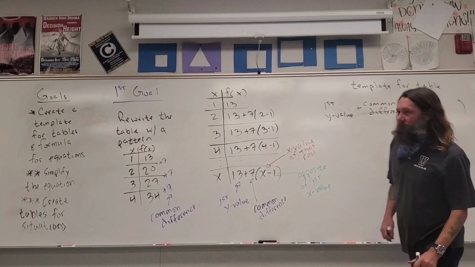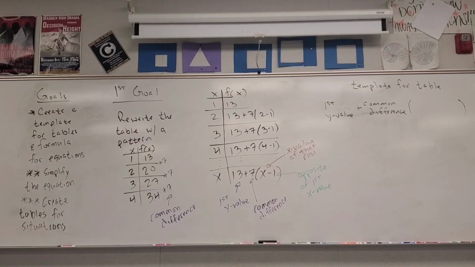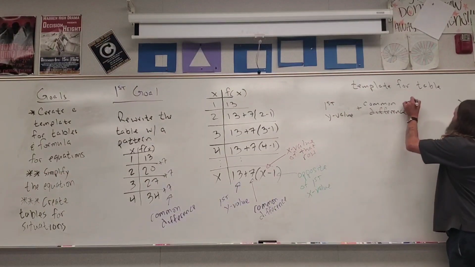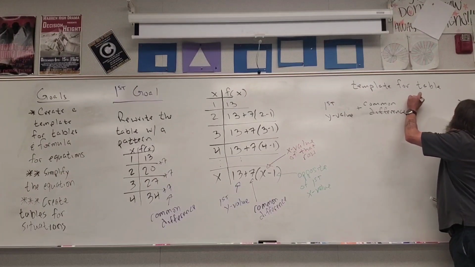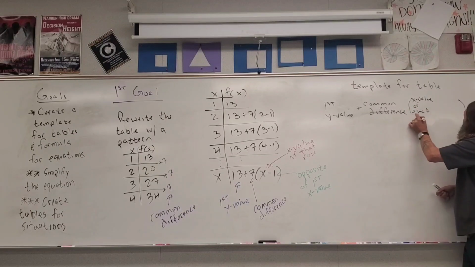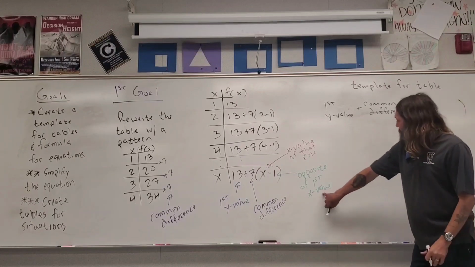Make sure that's on the video here. Oh, it's just barely in there. Okay. The x value of that row plus the opposite of the first x value.